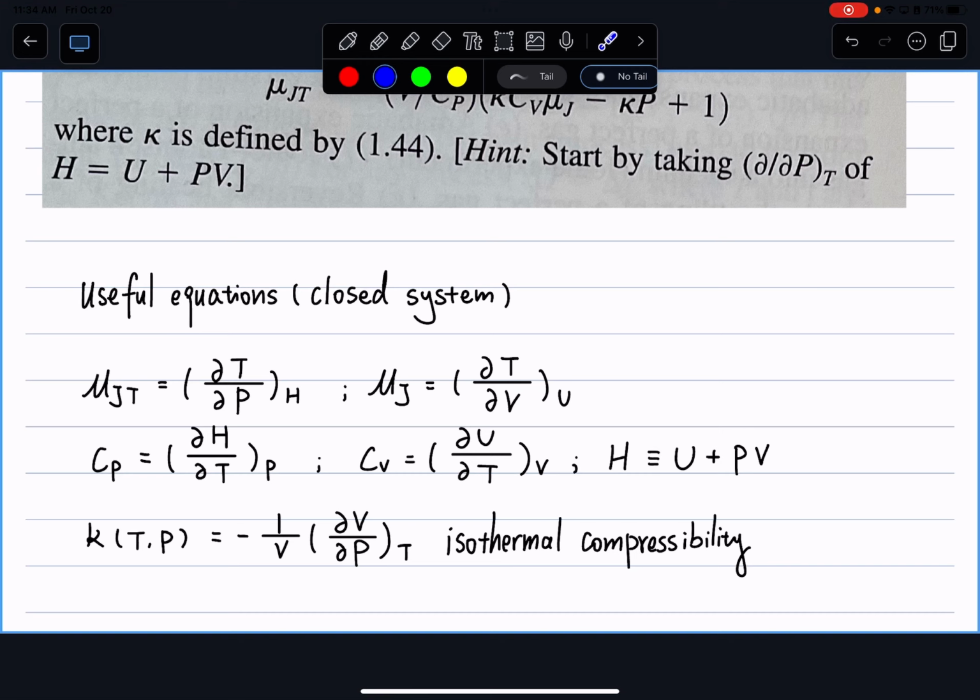The only thing different is we're trying to prove that the partial derivative of u over p at constant T equals volume times chi Cv mu J.